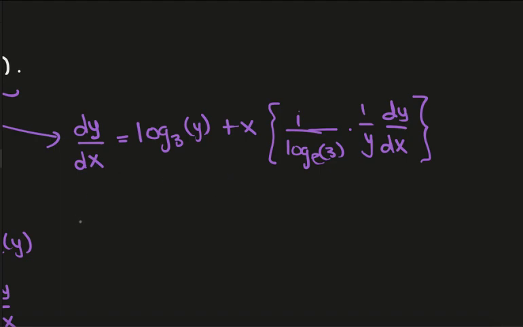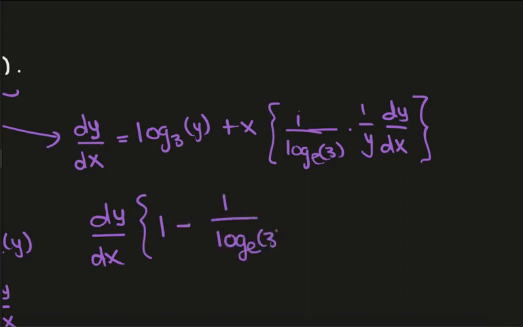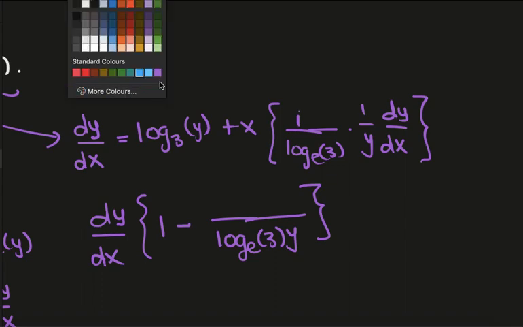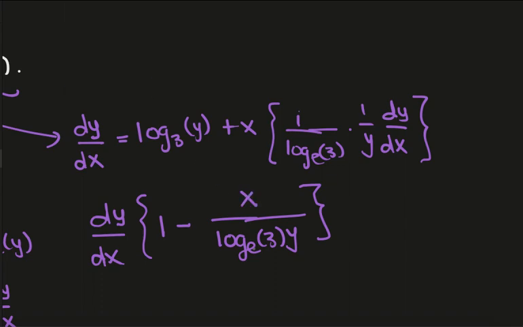Is there a nice way of doing this? Not really. So what I'll do is I'll have 1 minus x over log e 3 times y, and that is log 3 y.